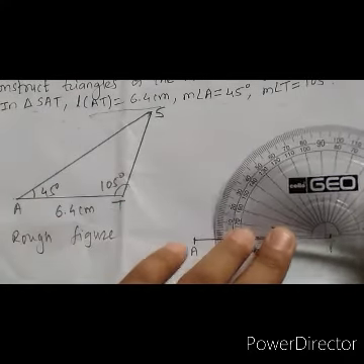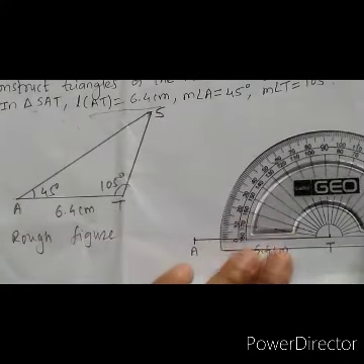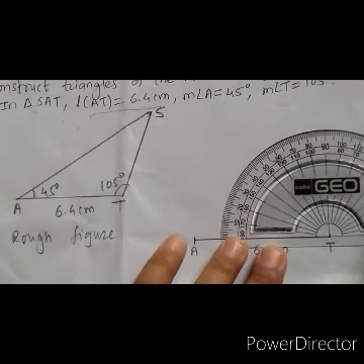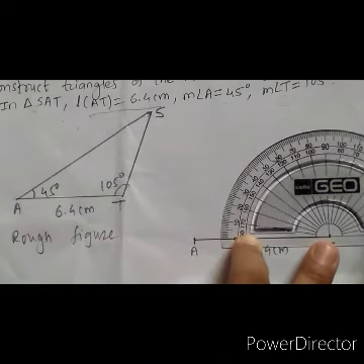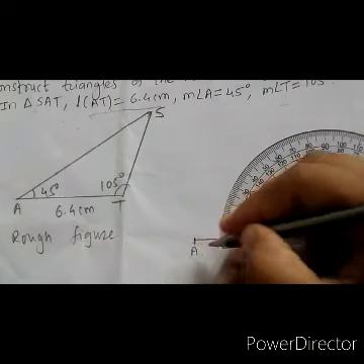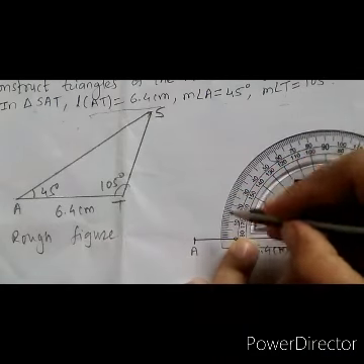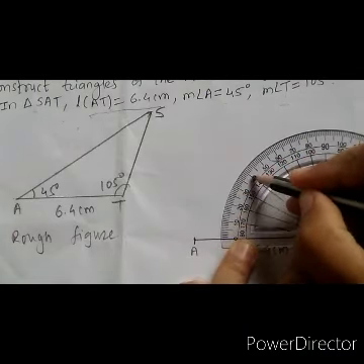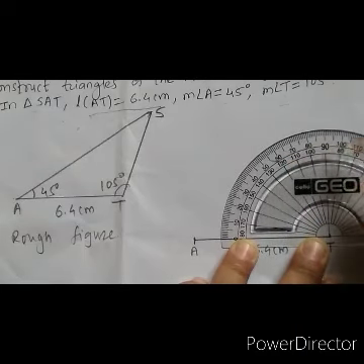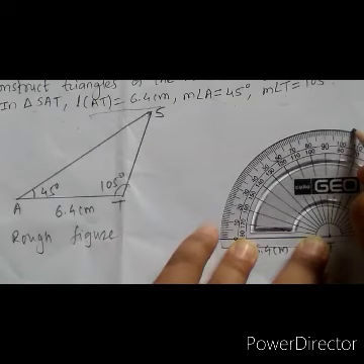So put this point on this point T, and this line on this line segment AT. Now see the direction of this line segment. It is on the left hand side. So start from the left hand side: 0, 10, 20, 30, 40, 50, 60, 70, 80, 90, 100. And here 110 is there. So we want 105.